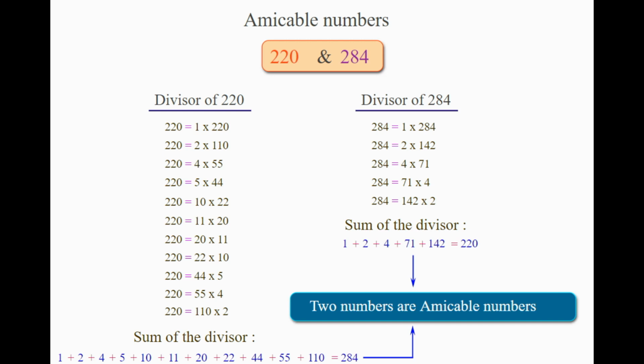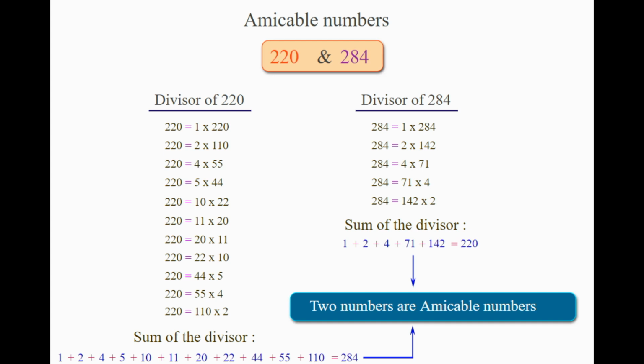Here we can deduce that 220 is going to be our number 1, and 284 will be our number 2. At the bottom of the 220 table, its factors sum equals 284, so the sum of the factors of number 1, or sum_num1, equals 284.